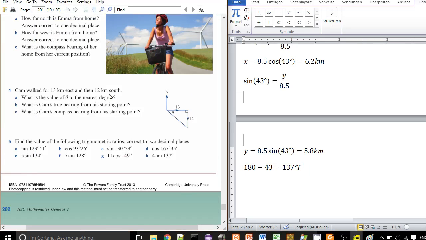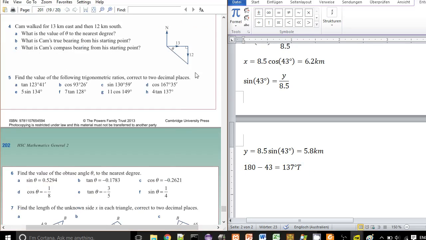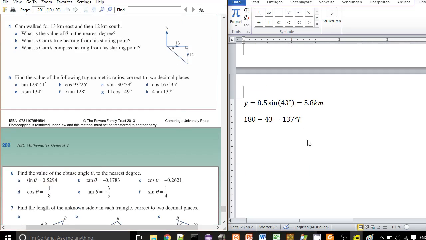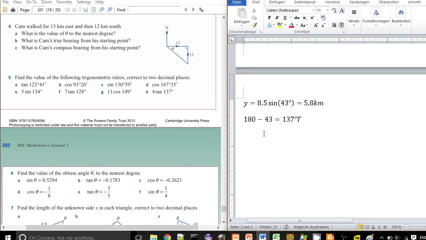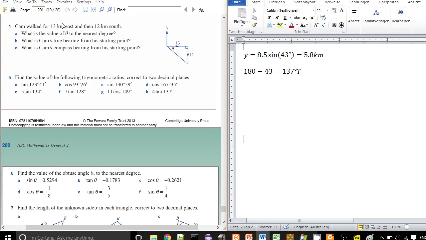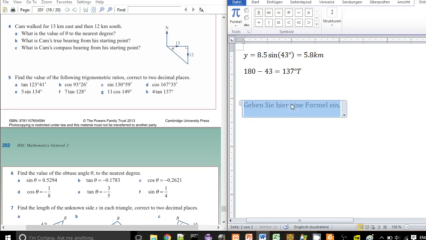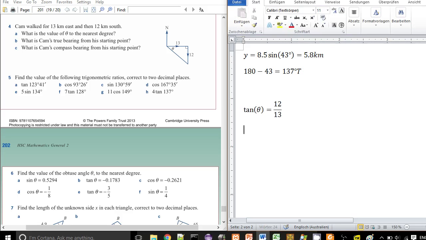Alright, let's move on. This one's got a diagram, so you guys will be saved from my awful drawing. Cam walked 13 kilometers east and then 12 kilometers south. That's nearly a 45-degree angle. The value of theta: opposite over adjacent, we're going to use tan. So tan of theta equals 12 over 13.